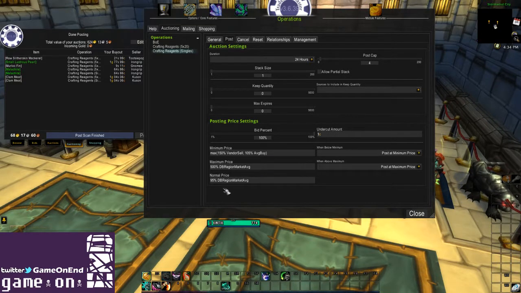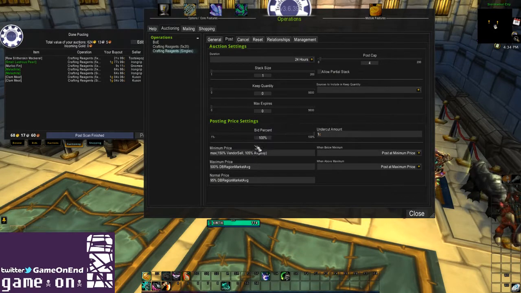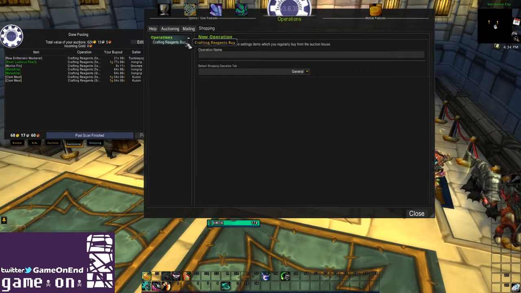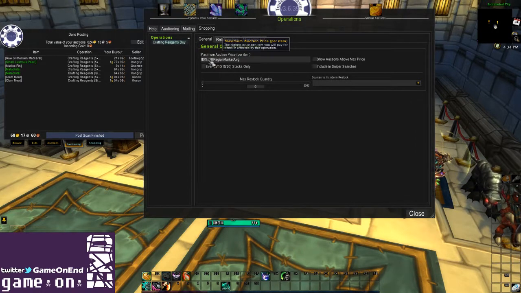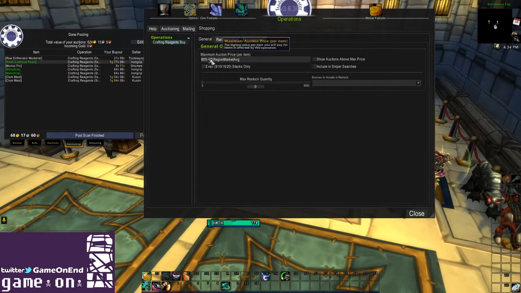Whatever price we've paid on average to buy these items, we're then selling it for more than that. Okay, so let's go back here, and we basically have 15% margin on the price that we're buying for.